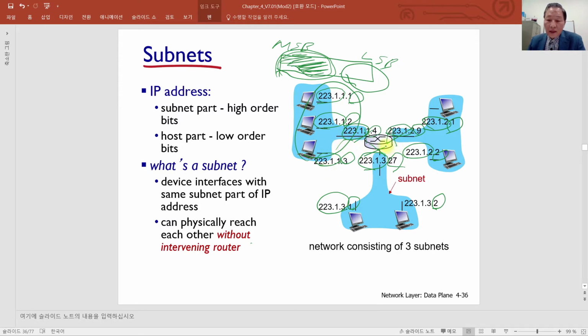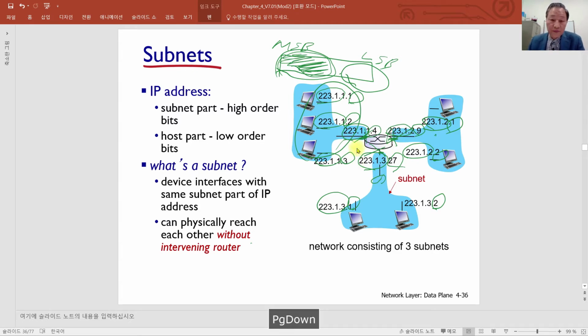And if we detach this interface, then they are isolated islands, and each island is one subnet. Here, this network consists of 3 subnets: 1, 2, 3.